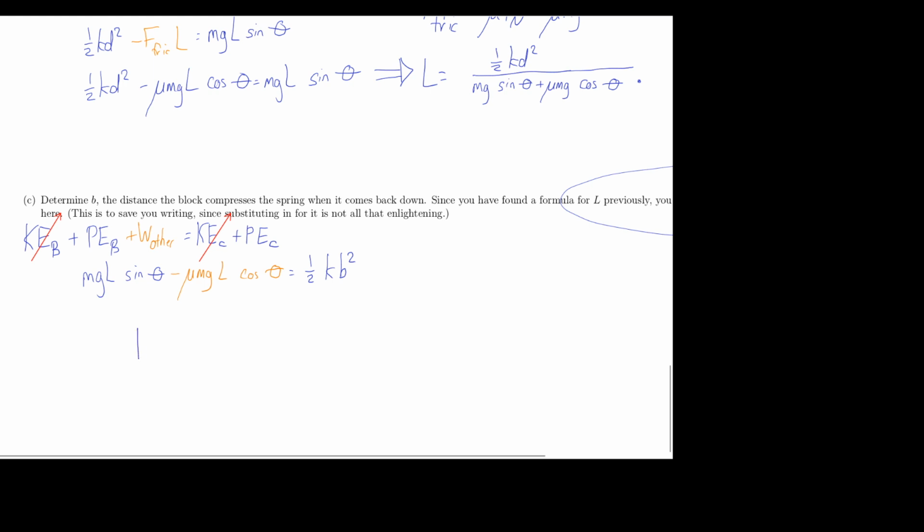Solving this for b, we get b equals, so I'm going to multiply by 2 and divide by k, and then take a square root. So I get 2 mgL sine theta minus 2 mu mgL cosine theta all divided by k.